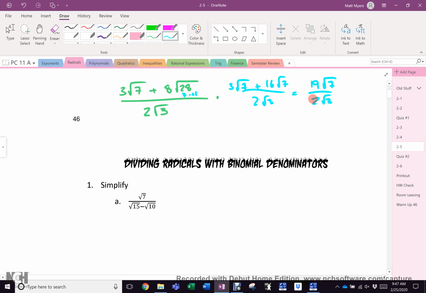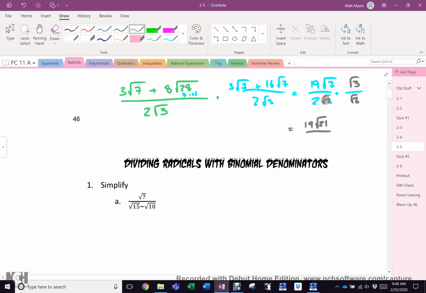Now 19 and 2 do not simplify, so now we got to get rid of the root 3. So what do we multiply by? Root 3 over root 3. We're actually multiplying by 1. We're just changing the looks, right? Which will get me 19 root 21 over what? This is where kids screw this up. What is going here?